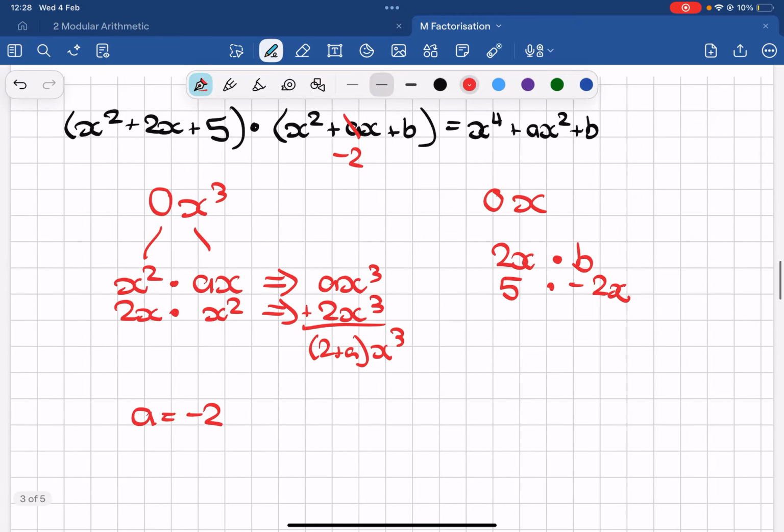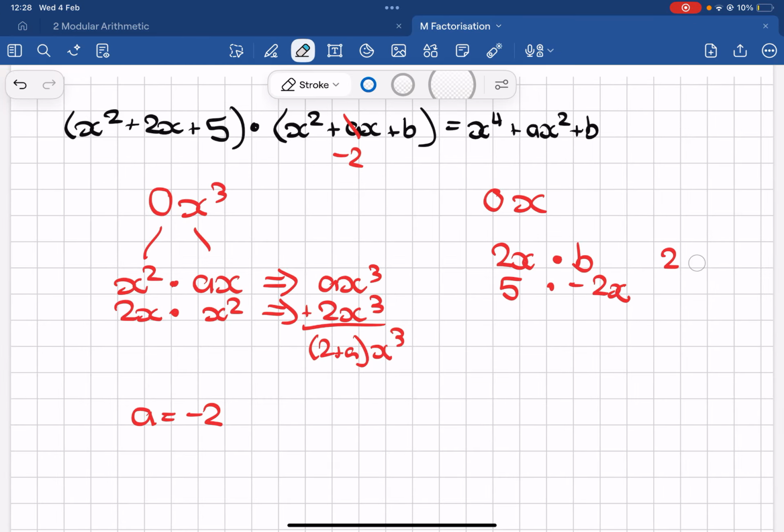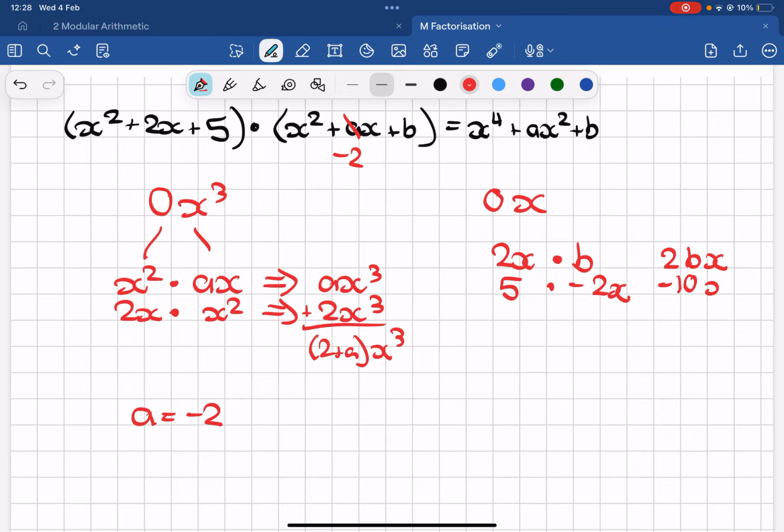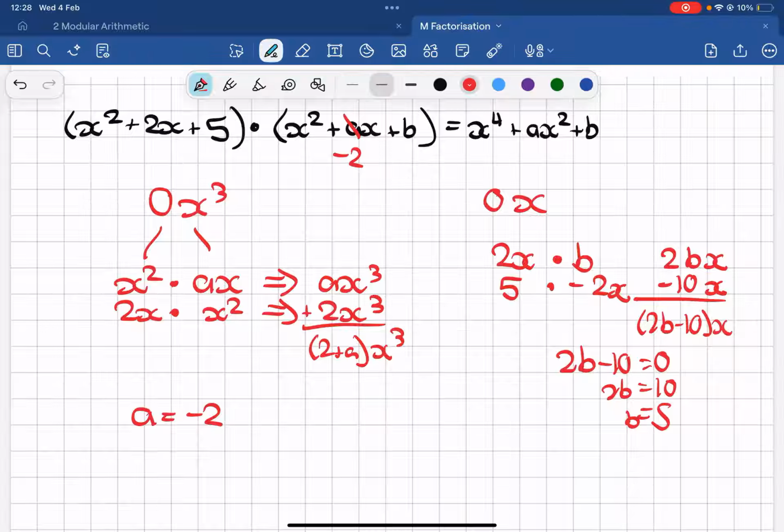So let's have a look. This becomes 2xb, or it's better to write as 2bx. This becomes minus 10x, and these sum to give us (2b minus 10)x. So 2b minus 10 equals 0, 2b equals 10, b equals 5. So now we can say b equals 5.